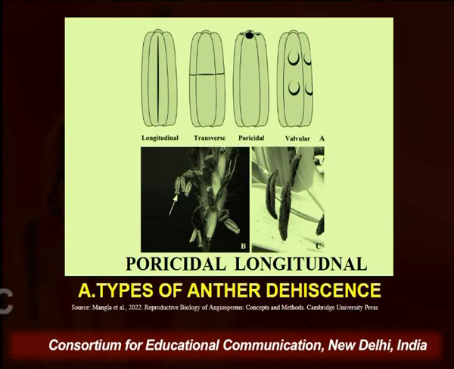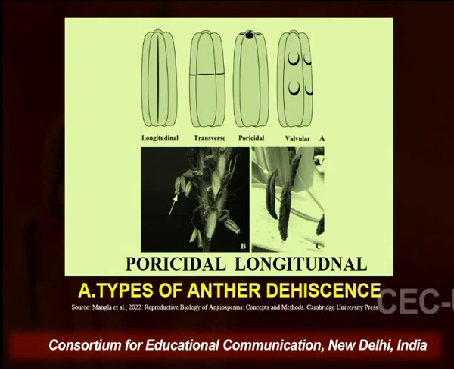This is commonly seen in grasses, as you can see in figure B. Then there is valvular dehiscence, when the pore is covered by a flap-like covering, what we call the valve. The extreme right figure is of longitudinal dehiscence, which is seen in lily.